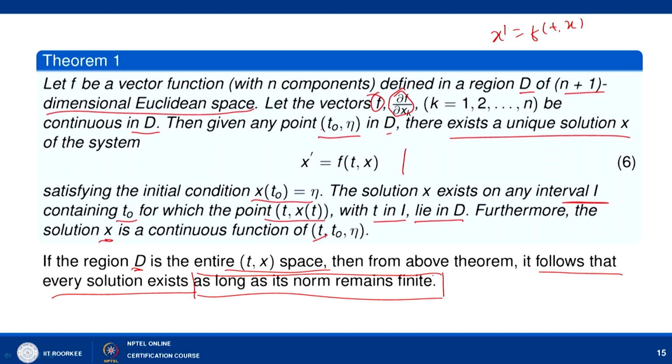So it means that this solution will exist for all t for which the solution is a bounded solution.